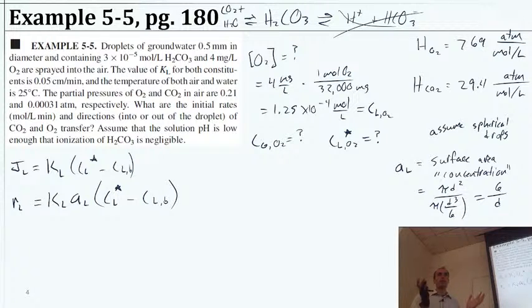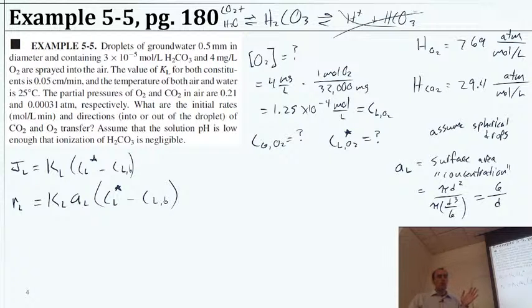We're spraying them into the air, so they are allowed to equilibrate with the atmosphere, and that atmosphere is pretty typical: 21% oxygen and about 300-something parts per million CO2.